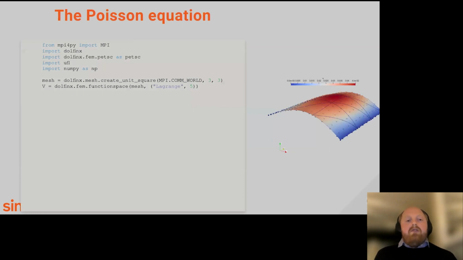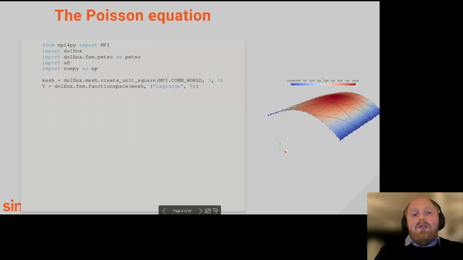So let's start at the beginning. In the beginning of this talk, I talked about the Poisson problem, which is solving the Laplace operator of U equal to 0, or the Laplace operator of U equal to F. So to use DolphinX, the first thing you need to do is to import MPI, because we want to work in a distributed system.